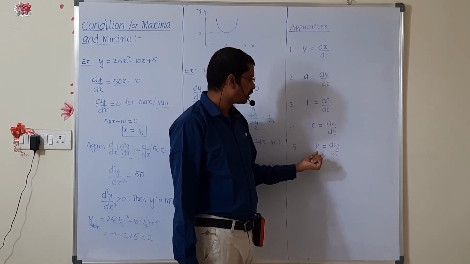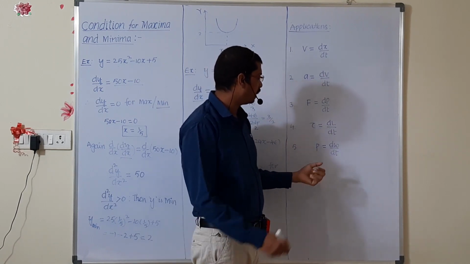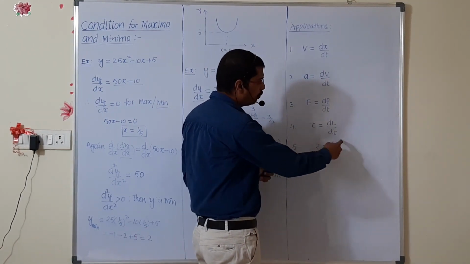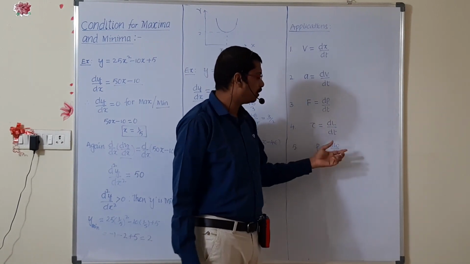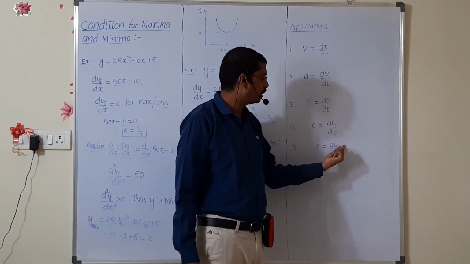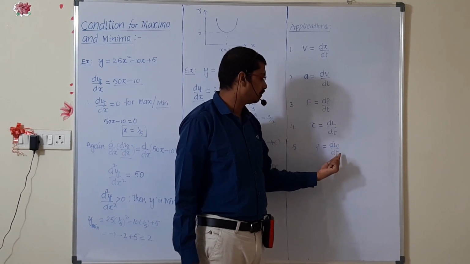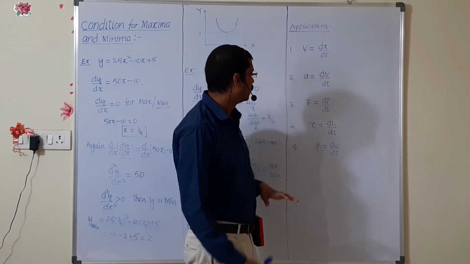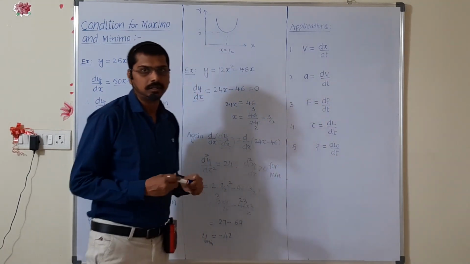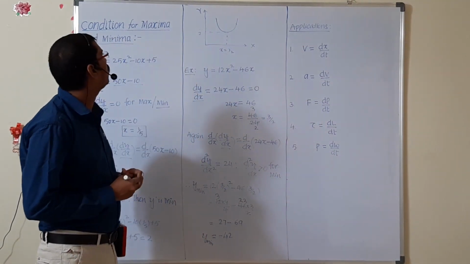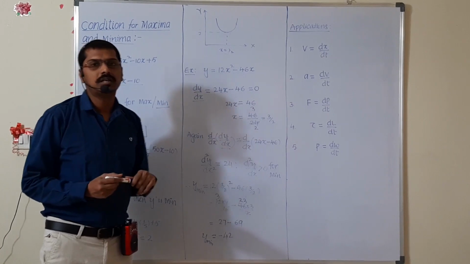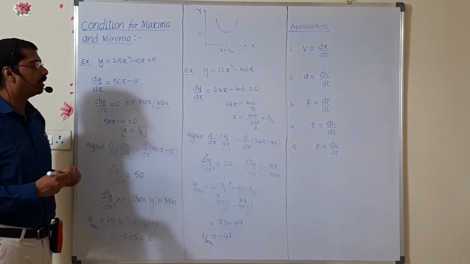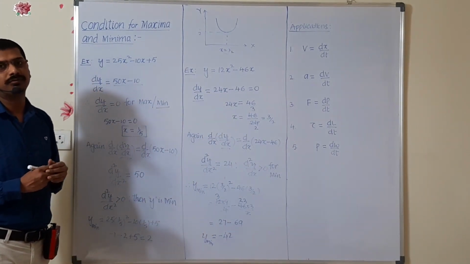This is the power. The power is dW upon dt, the rate of doing work. Otherwise, the work done changes with respect to time, which is called power. This is an application in physics. This is the complete information about differentiation and how useful it is in physics.